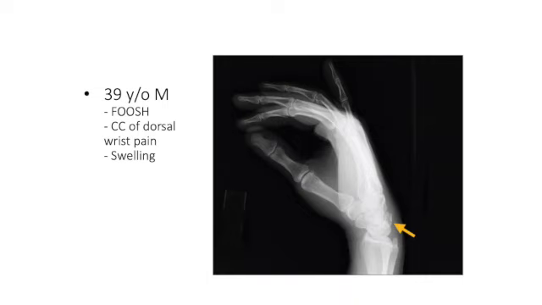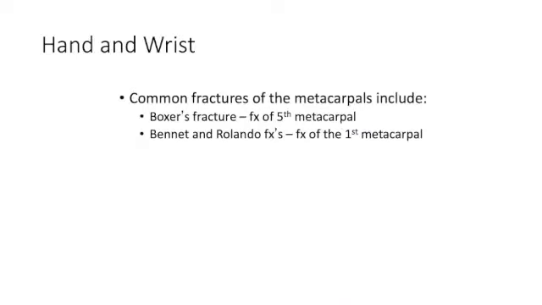So if you haven't figured it out yet, the hand and the wrist are rife with eponyms. A couple common fractures that we're going to see in the metacarpal specifically: boxer's fracture is a fracture of the fifth metacarpal specifically, and it doesn't take too much to realize why and how that happens.